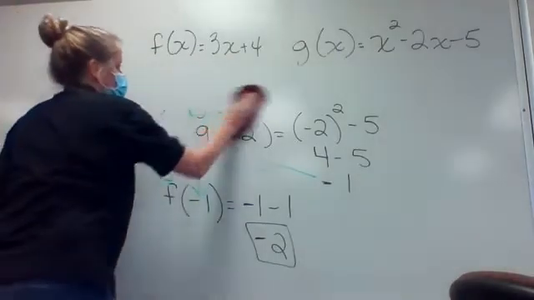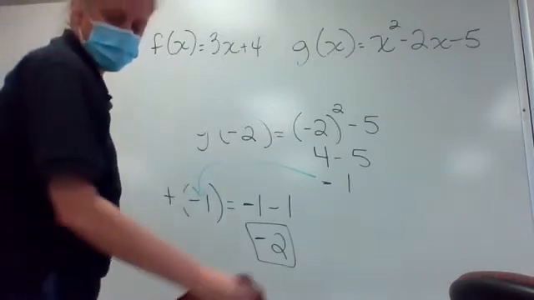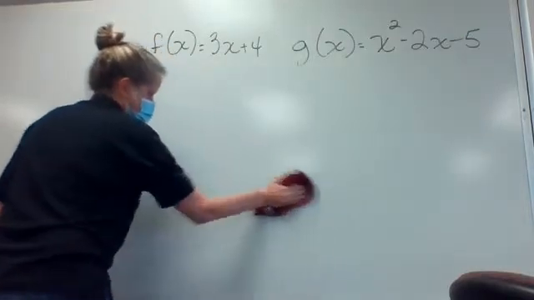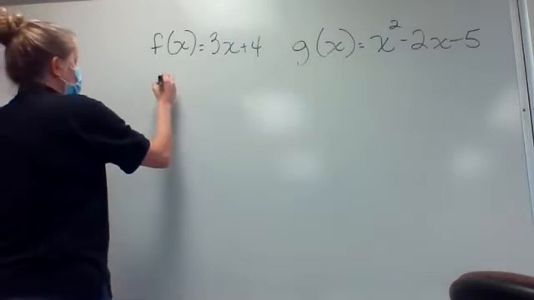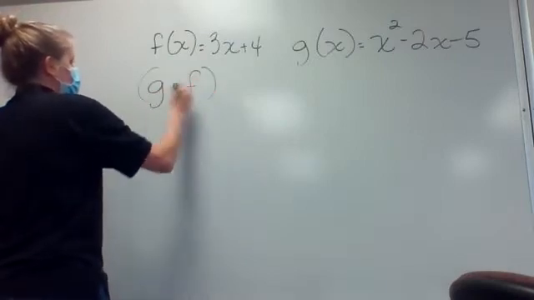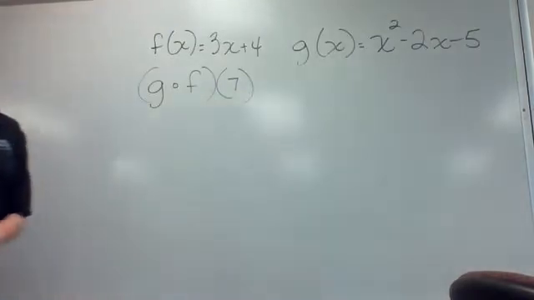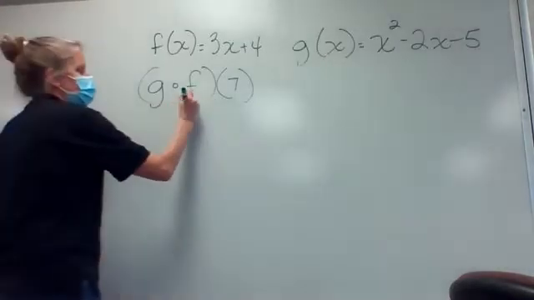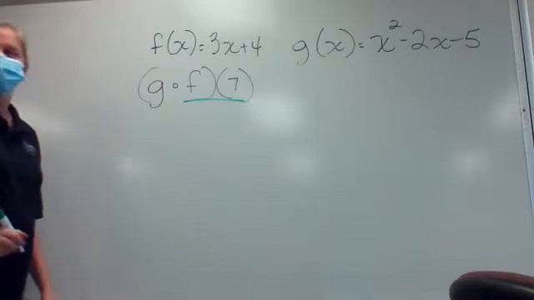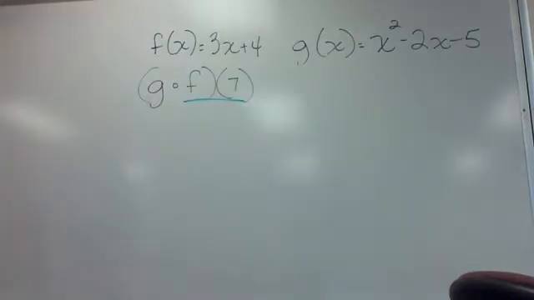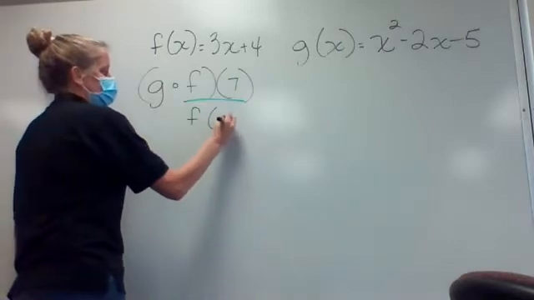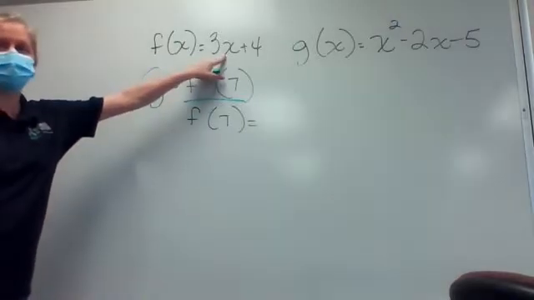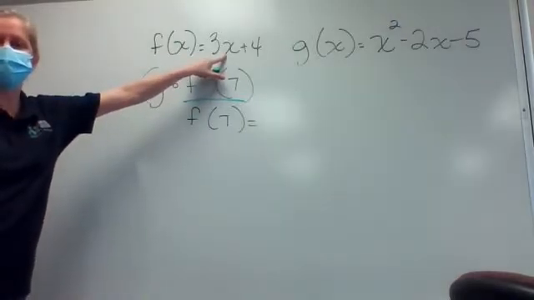This time it says g of f of 7, which means in this case, I find what's in this position first. This time it's f. So I'm finding f of 7, which means I'll go to my f function and replace its x with a 7.